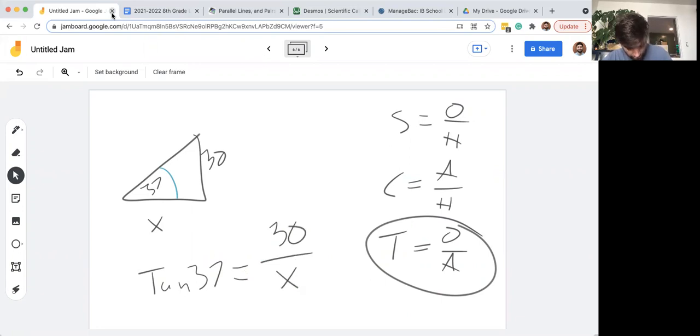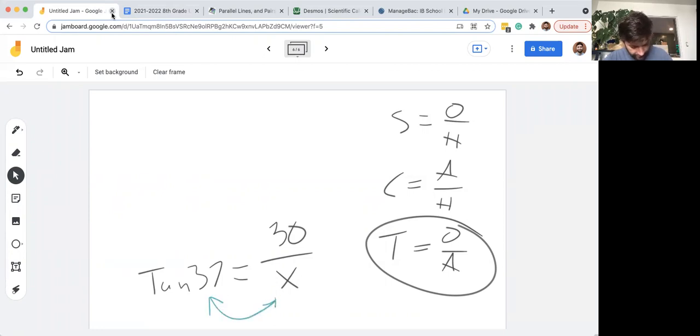So now I could multiply both sides by x to get x tan 37 equals 30, then divide by tan 37, get x equals 30 divided by tan 37. Or I can remember that when x is the denominator in these problems, I can do the switcheroo. So x will equal 30 over tan 37.